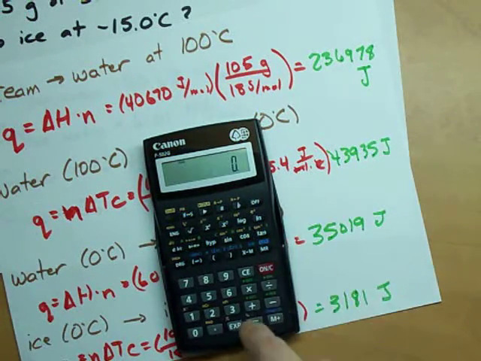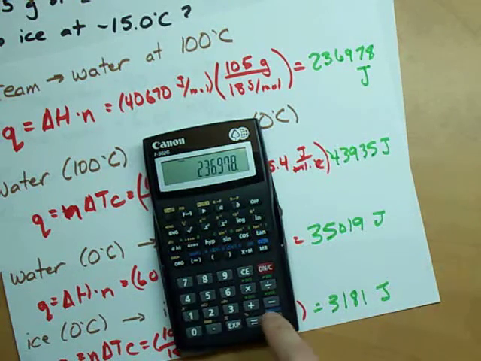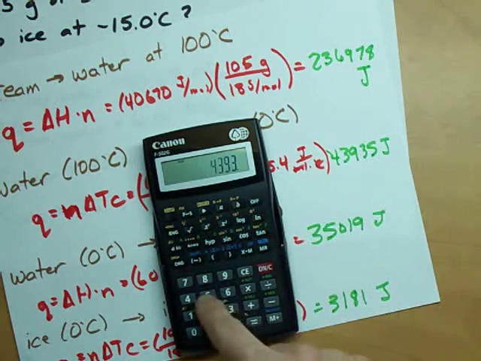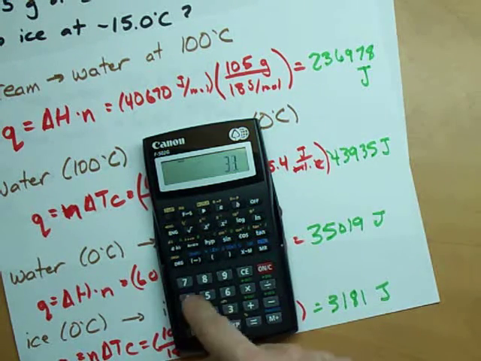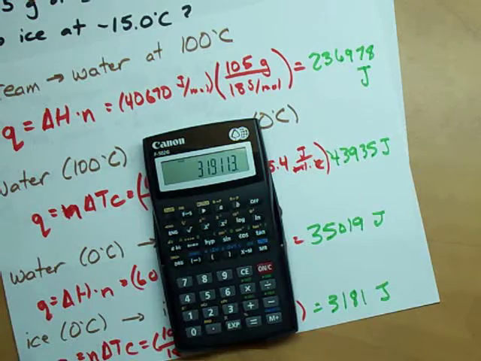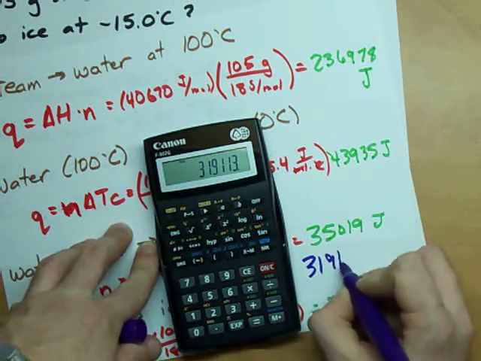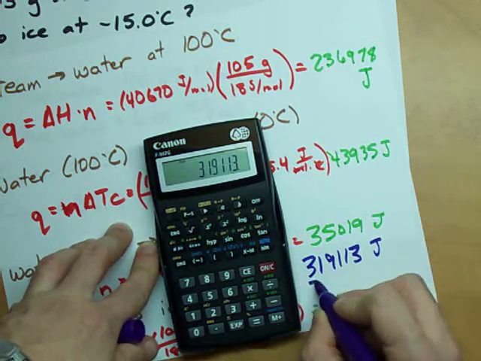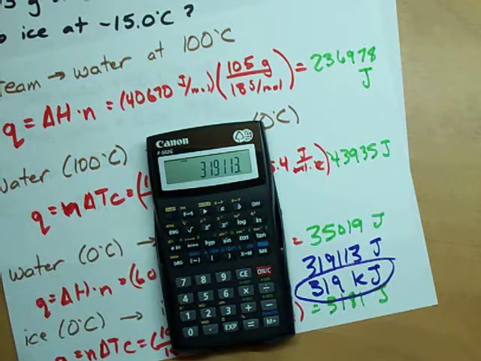In this case, 237,978.33 plus 43,935 plus 35,019 plus 3181. When I add all of these together, I end up with 319,113 joules, which is 319 kilojoules of heat released.